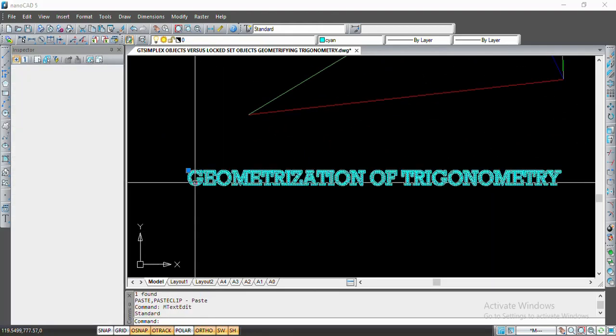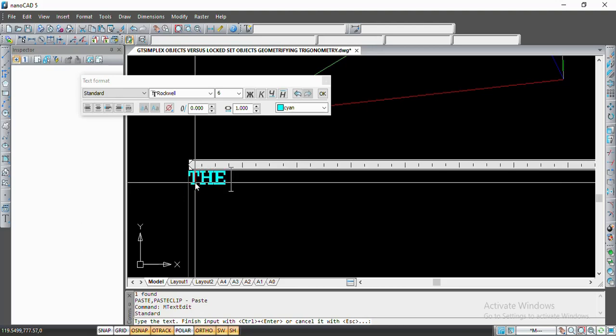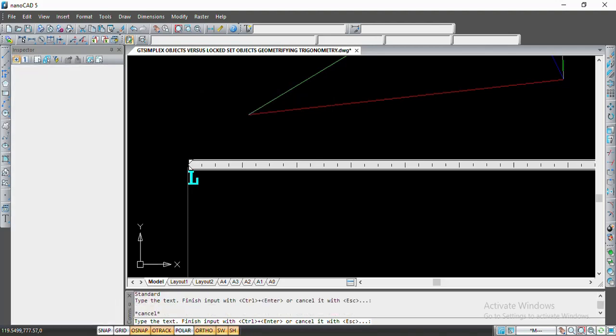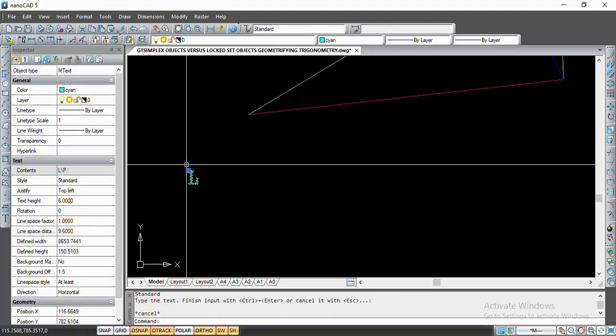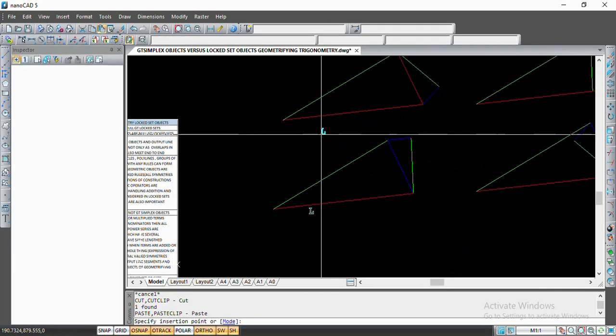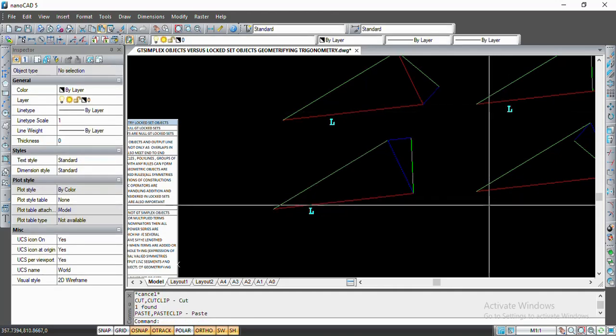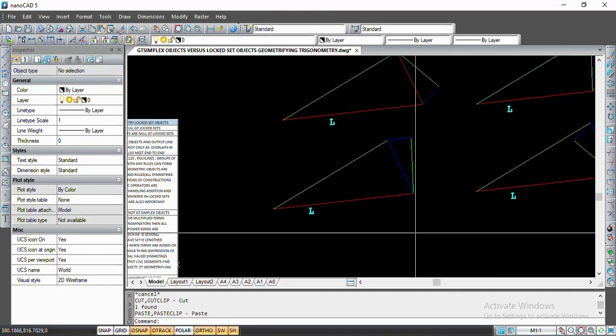Now if we take it as the L, the initial line segment, it is the input line segment for every case. This is the input line segment for every Gtsimplex so formed.